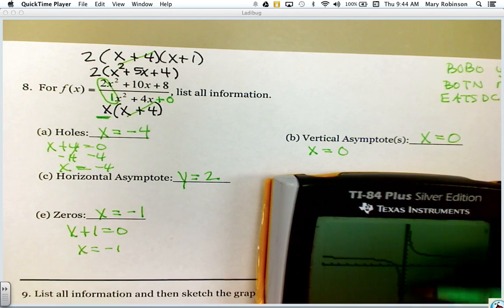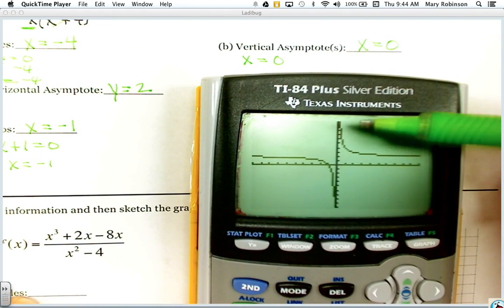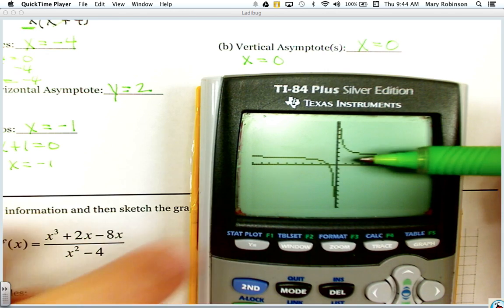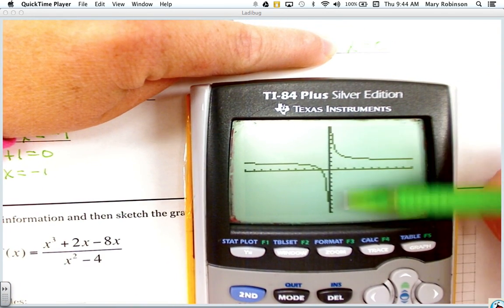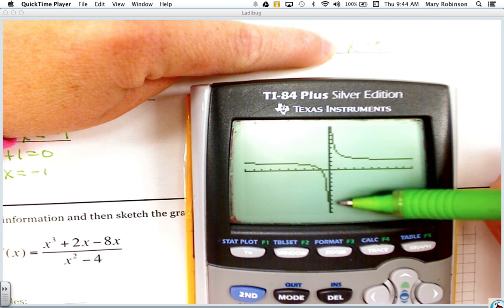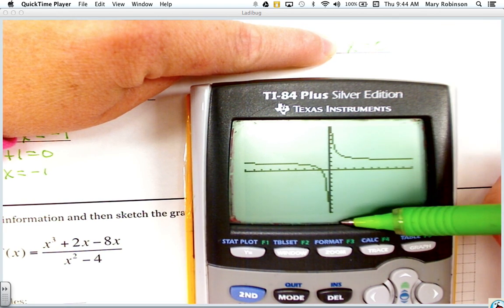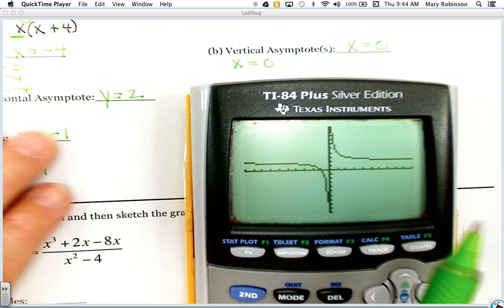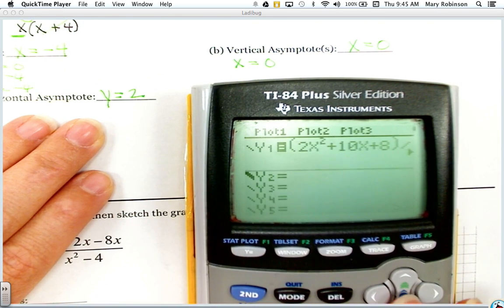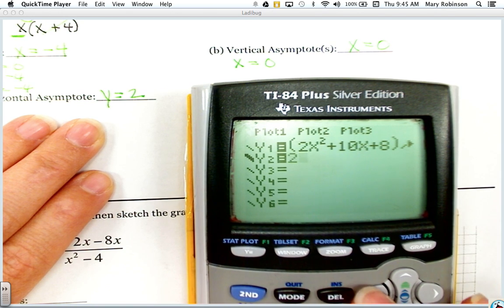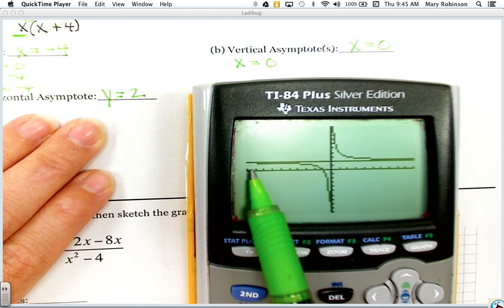you can see now why we don't have a y-intercept. We had the vertical asymptote at x equals 0. So the graph doesn't exist at all on the y-axis, so there's not going to be a y-intercept, so that should make sense. So you can see that it does appear that we would have a horizontal line at y equals 2. In fact, if you put in 2 here, I'm going to actually make that dotted, well, it didn't do it dotted.